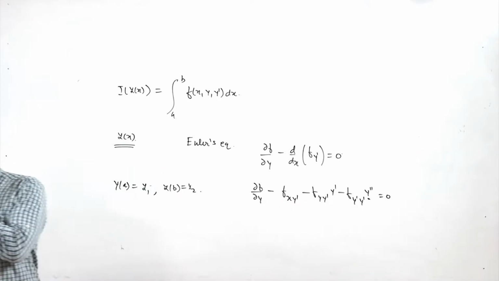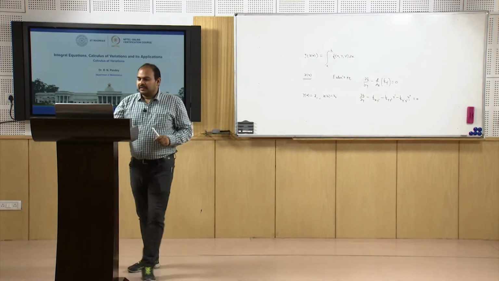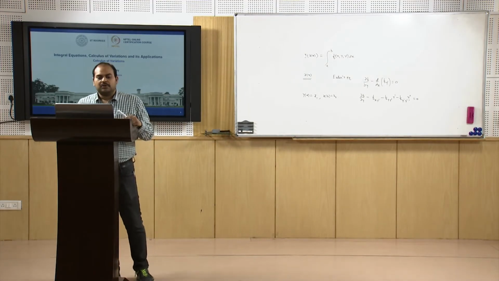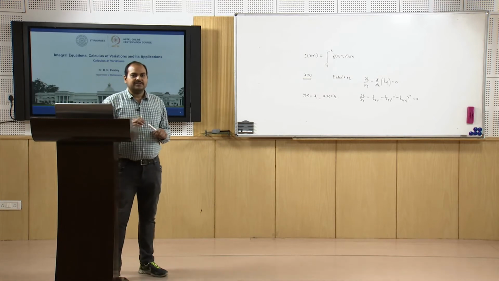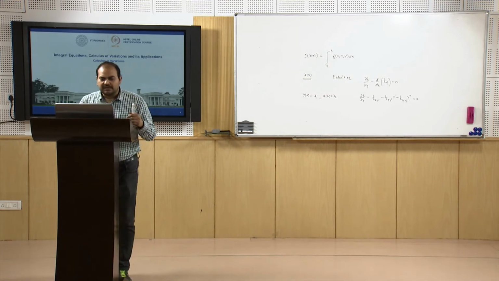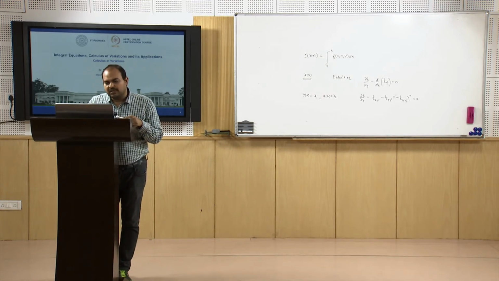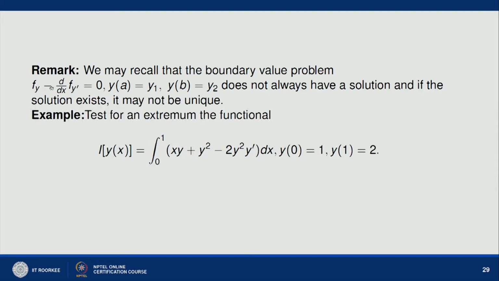In general, this does not always have a solution. We may recall that the boundary value problem fy minus d by dx f of y dash equal to 0, satisfying y of a equal to y1 and y of b equal to y2, does not always have a solution, and if the solution exists, it may not be unique at all.